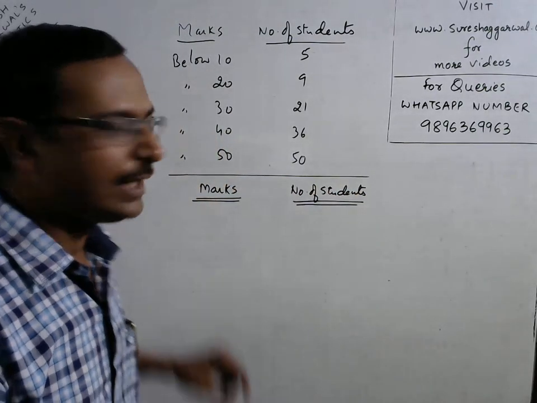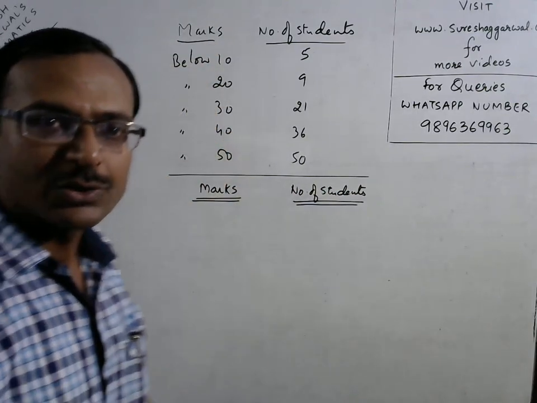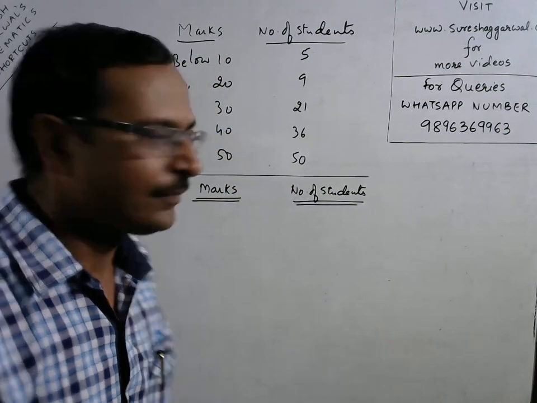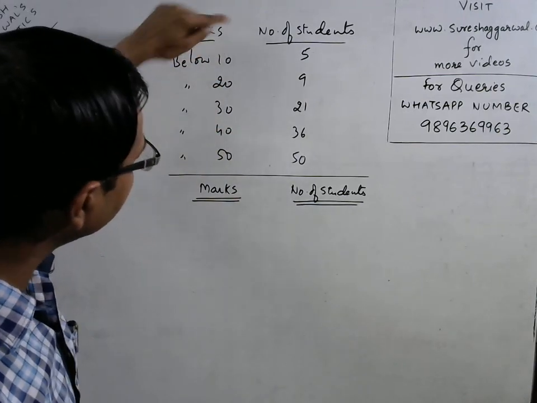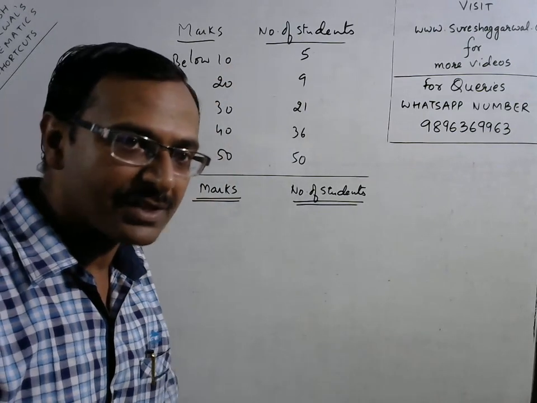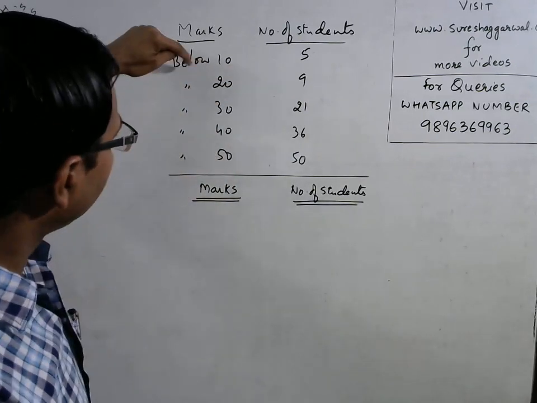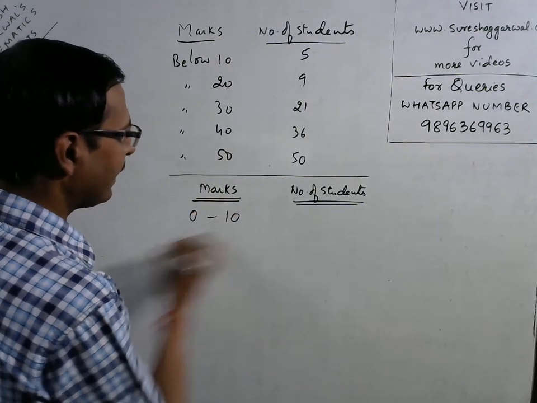See the difference between these values 10, 20, 30, 40, 50. So the difference is obviously 10. So what comes below 10? It is 0, because we have to take a difference of 10. So below 10 is 0. So my first class interval will be 0 to 10.